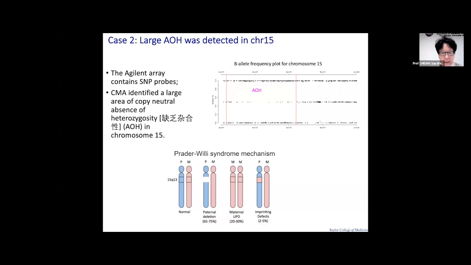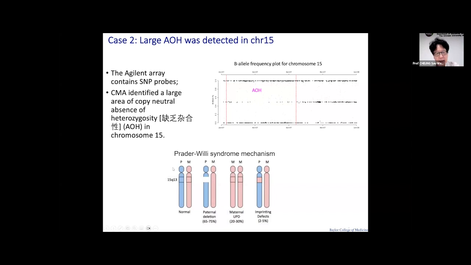And this is because this is an Agilent SNP array. The probe density is not as heavy as the Illumina and Affymetrix arrays. And then you could see that AOH.